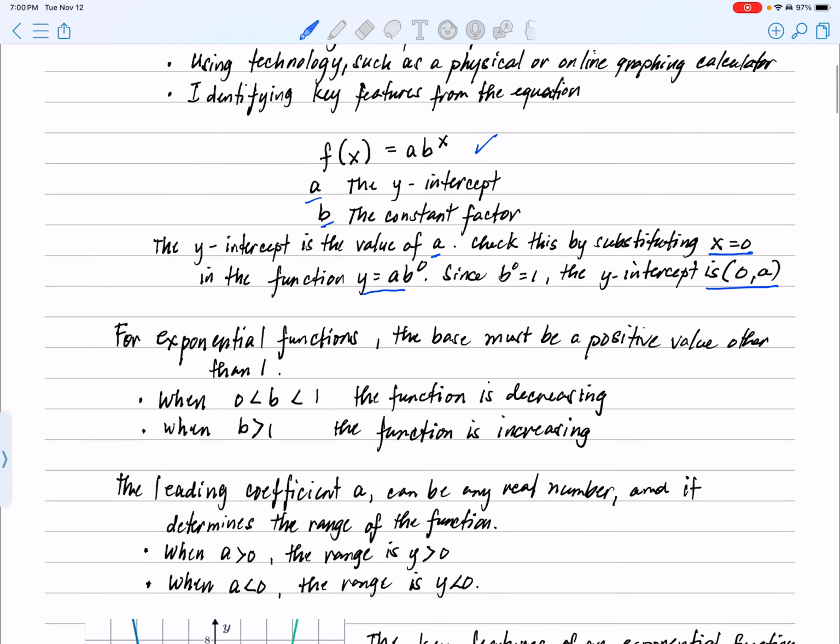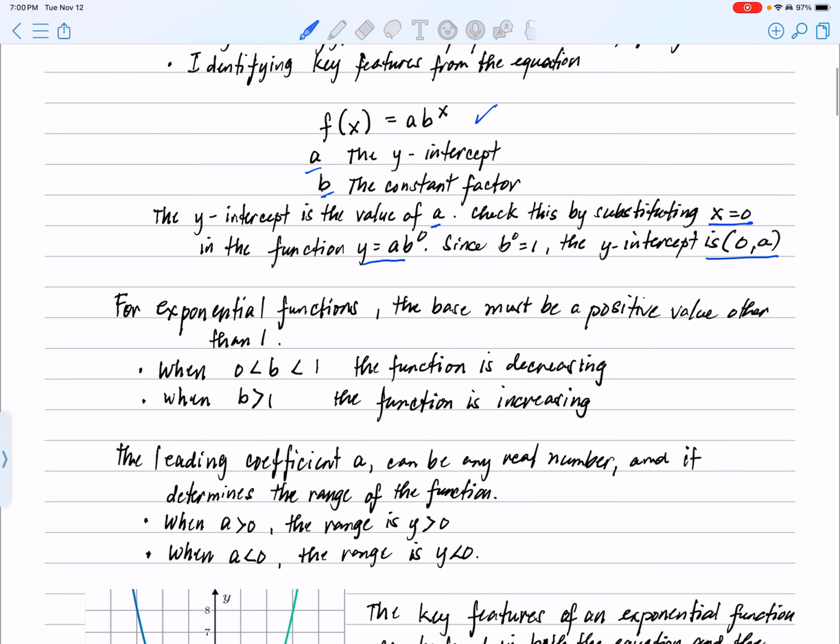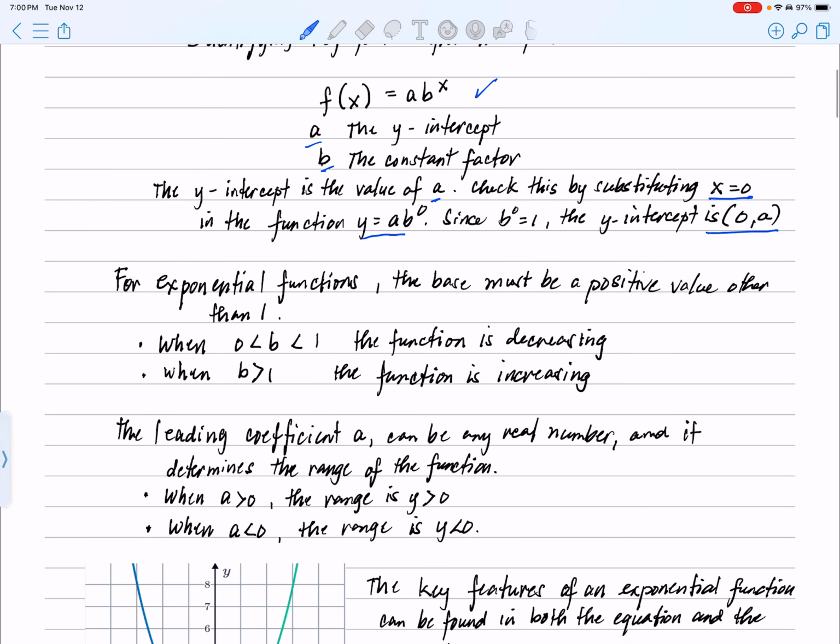The base of an exponential function must be a positive value other than 1. So these are the conditions. When will we know that the function is decreasing, and when will we know that it is increasing?